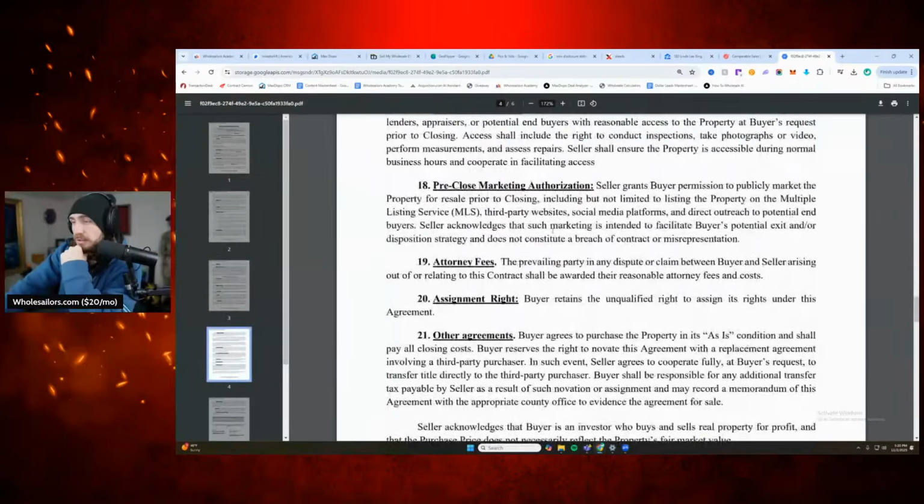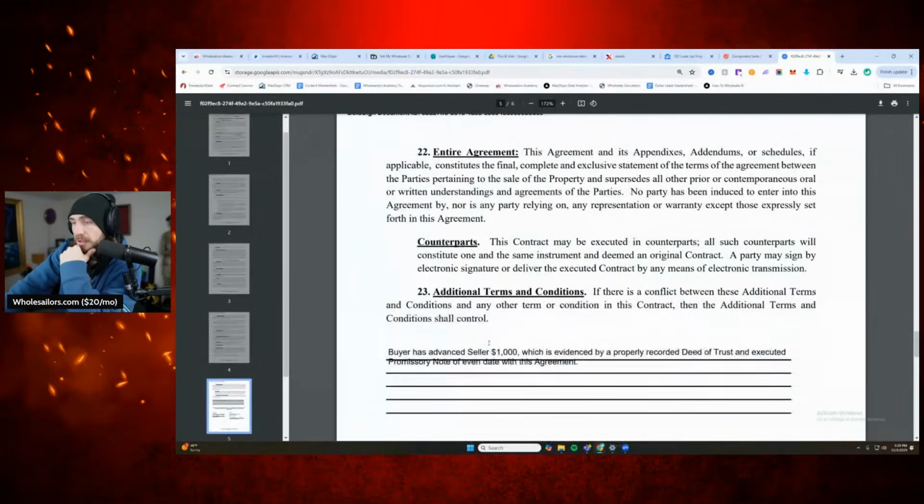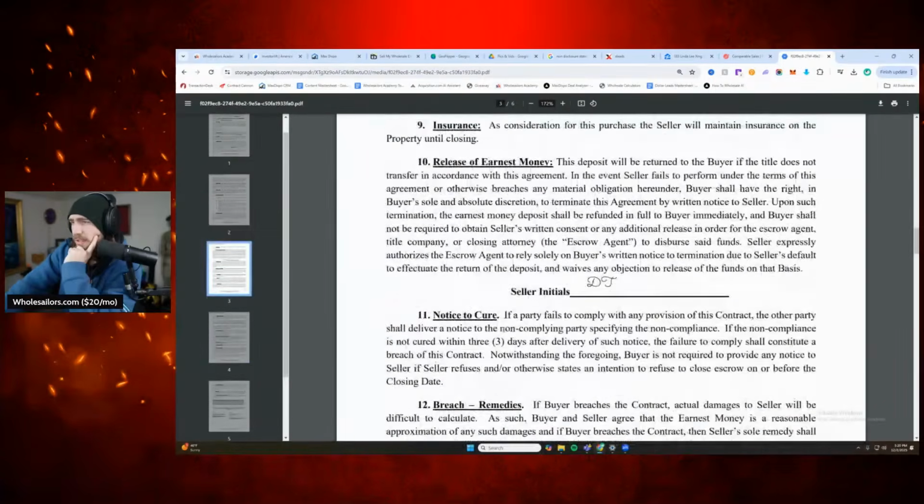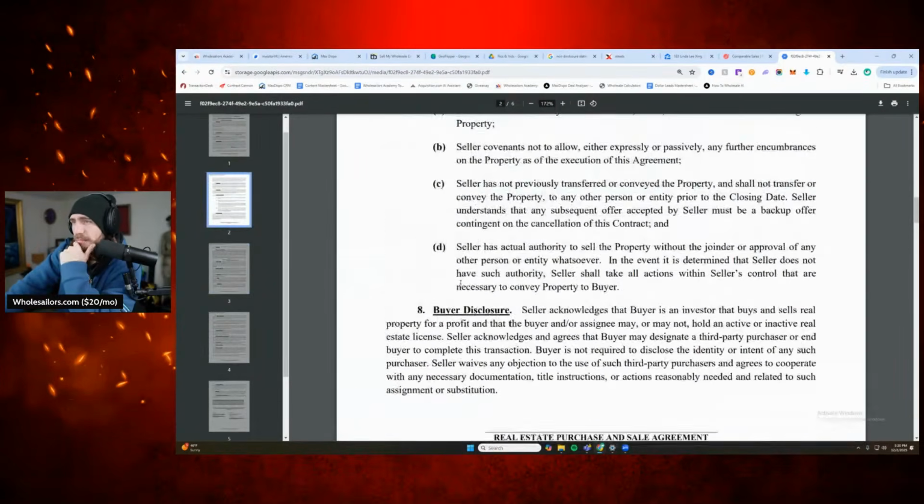Seller initialed. This is a nice contract. Buyer has advanced seller $1,000, which is evidenced by a properly recorded deed of trust and executed. Whoa, this is strange. He's already given this guy $1,000 and put a lien on his house. Weird. Okay, that's strange, but looks good to me.